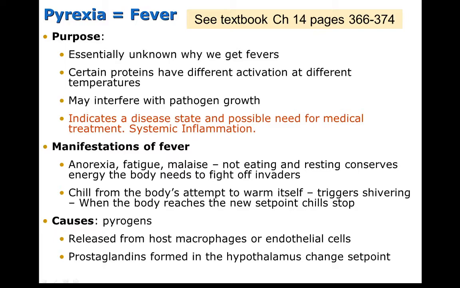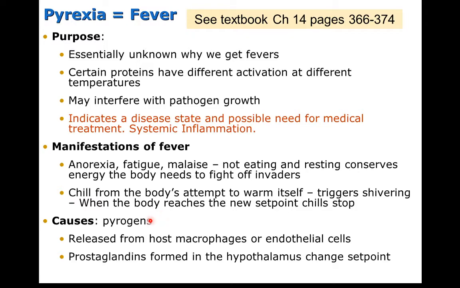So the usual set point would be 98.6 degrees Fahrenheit. Fevers are a non-specific indication of some type of disease. People with fevers generally have loss of appetite, loss of energy, and additionally, fevers are often accompanied by chills.